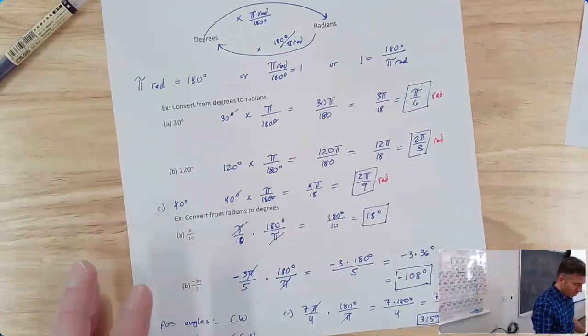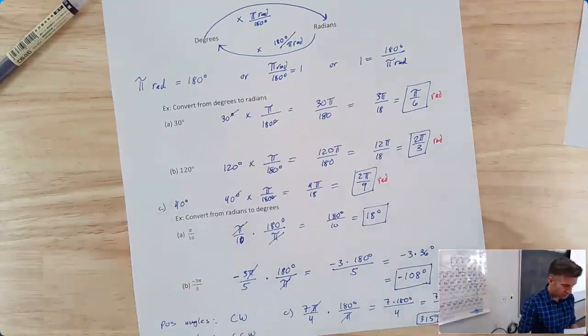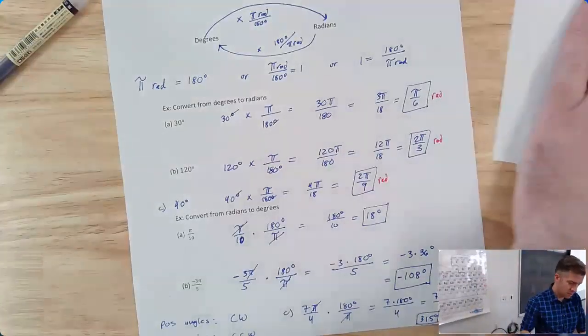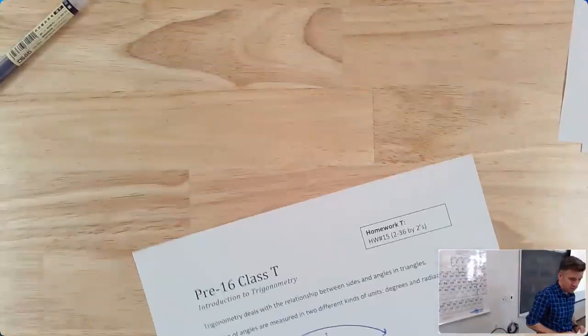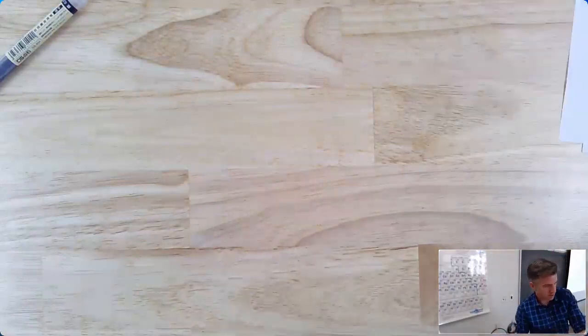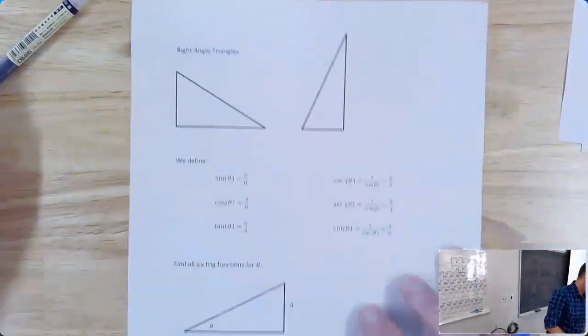Okay. So trigonometry is, I don't want to say mostly about, but is a lot about the trigonometric functions: sine, cosine, tangent, secant, cosecant, and cotangent.